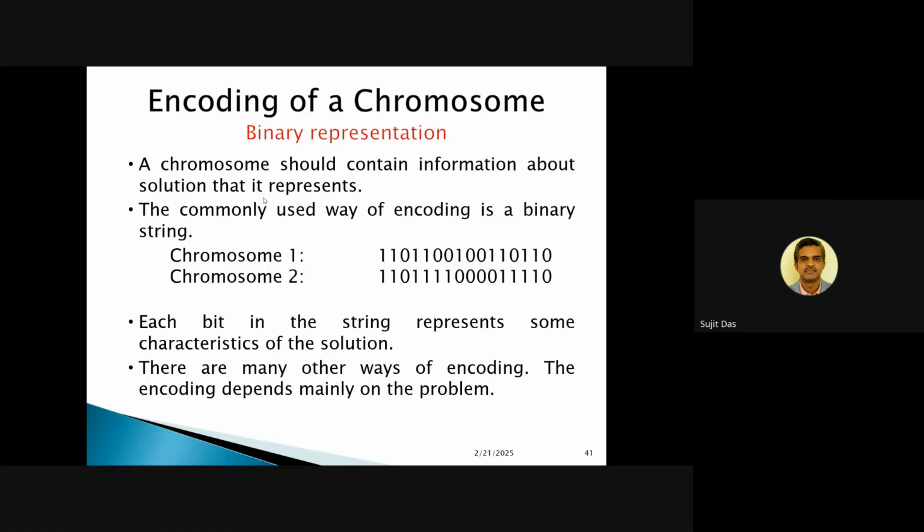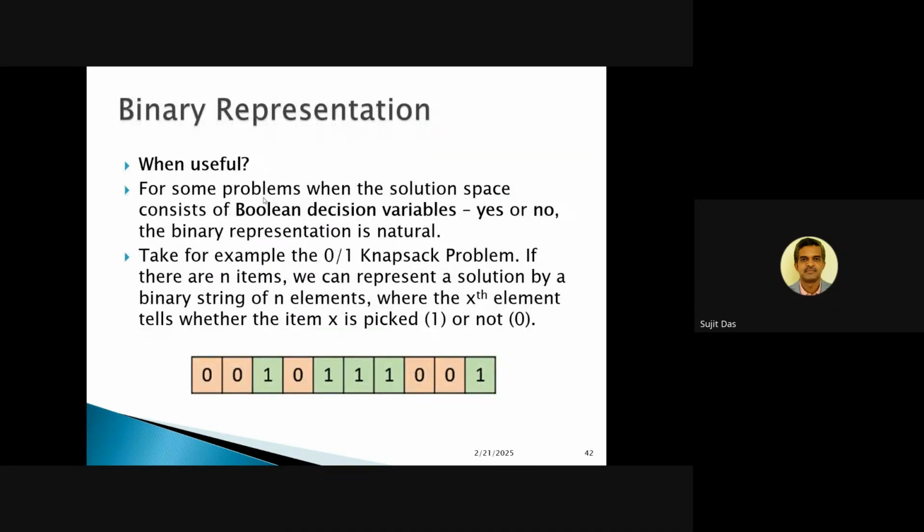In the binary encoding technique, as I was telling, we represent the values of the problem parameters using zeros and ones. It is not possible to represent each and every problem using this binary encoding technique, as I mentioned earlier. For a few problems only we can represent. There are a number of techniques actually.